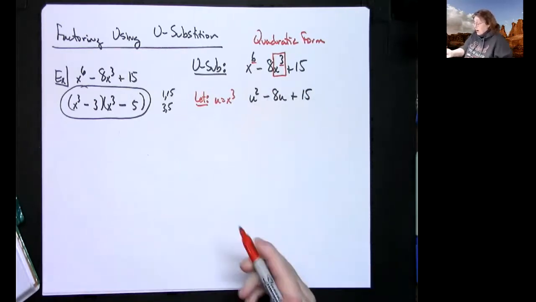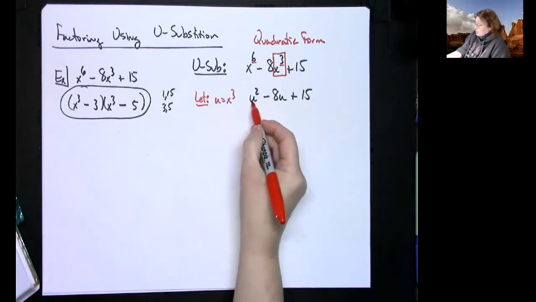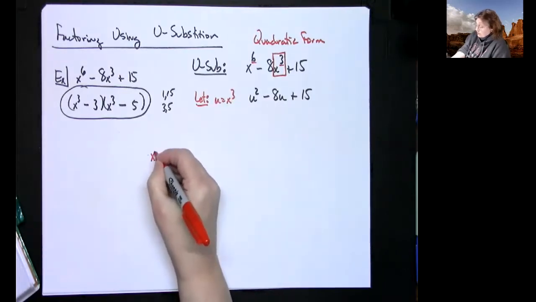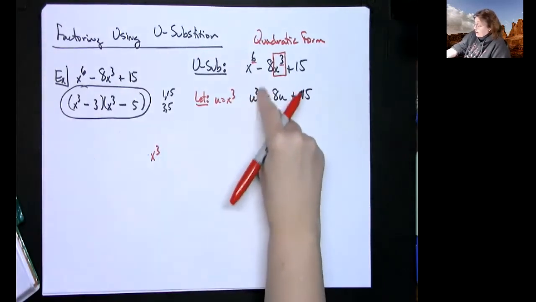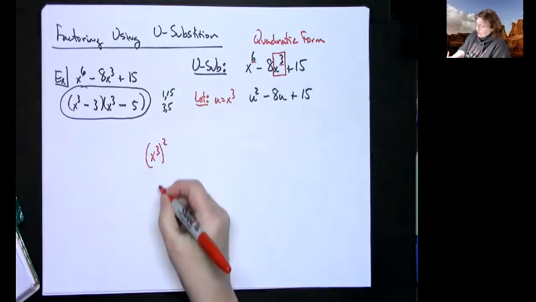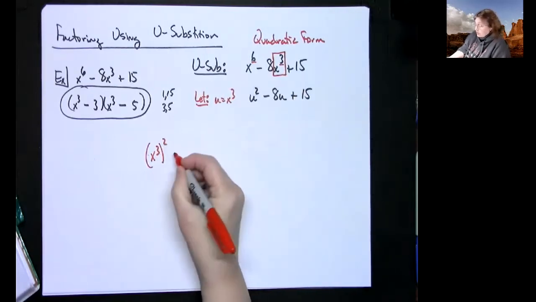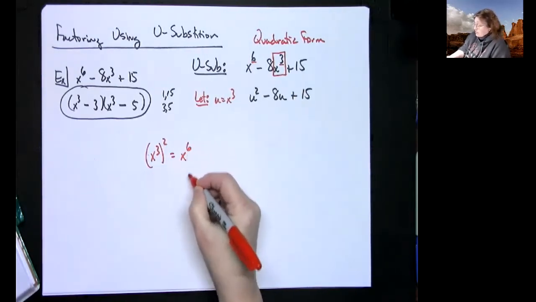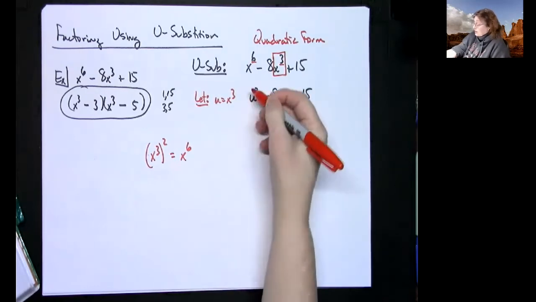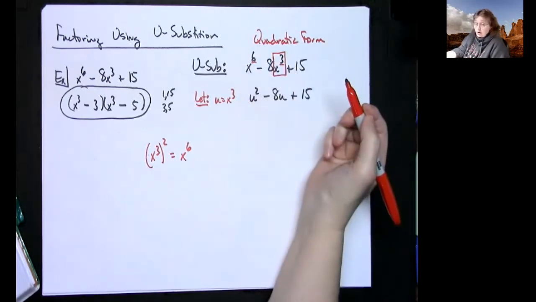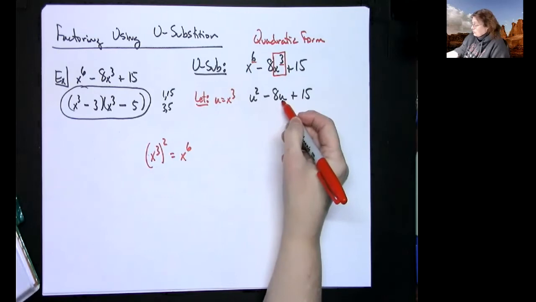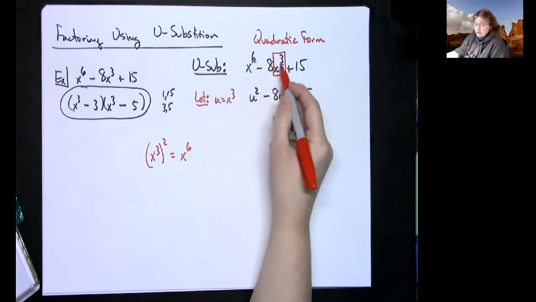Now why? If U is an x to the third and I square it, a power raised to a power means multiply, so that gives me an x to the sixth. So this right here gives me the x to the sixth, which is what I need. If I take this U and simply replace it with an x to the third, I would get this term.